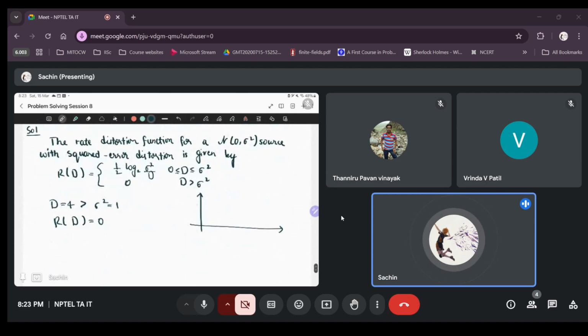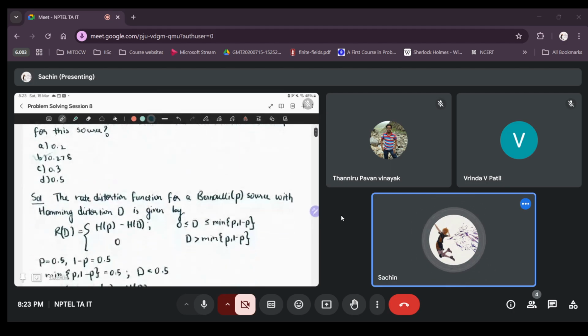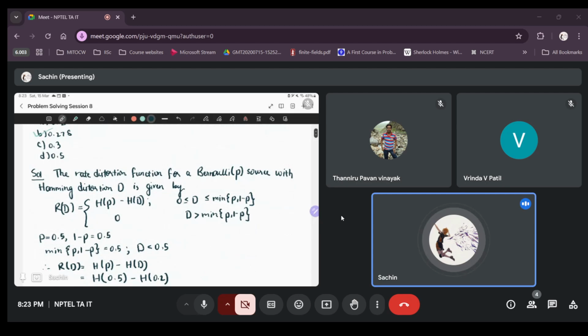If you draw the curve, R of D is h of p minus h of D, if D is between 0 and the minimum of p comma 1 minus p. The minimum of p comma 1 minus p will be less than or equal to half all the time, right? Because p is between 0 and 1.